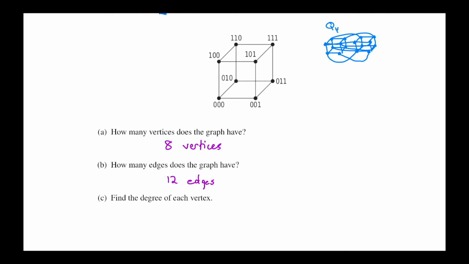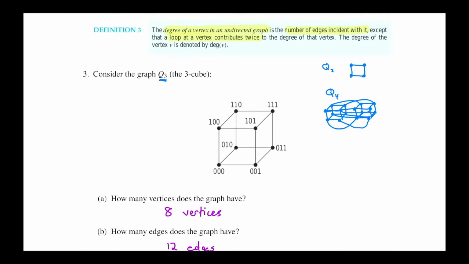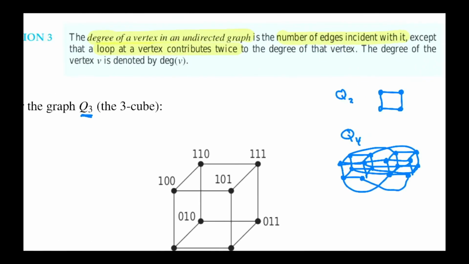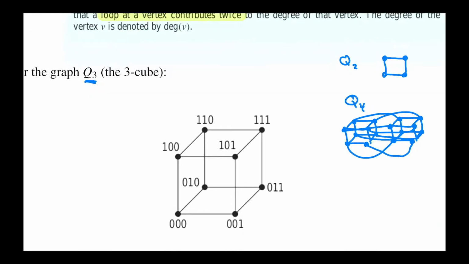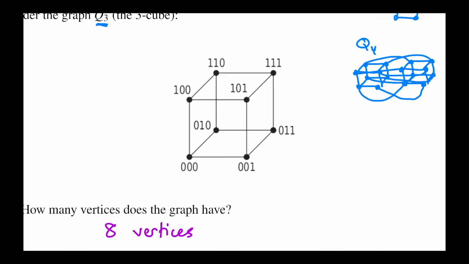All right, now find the degree of each vertex. So now we're actually going to use this definition up here. The degree of a vertex is the number of edges incident with it, and loops count twice. This is easier than it sounds.